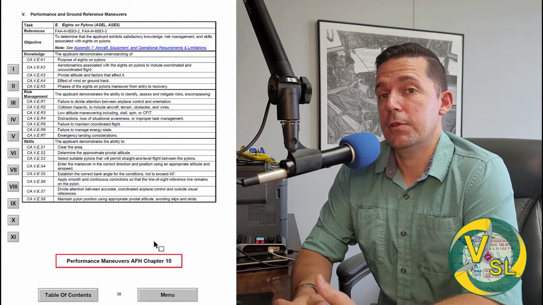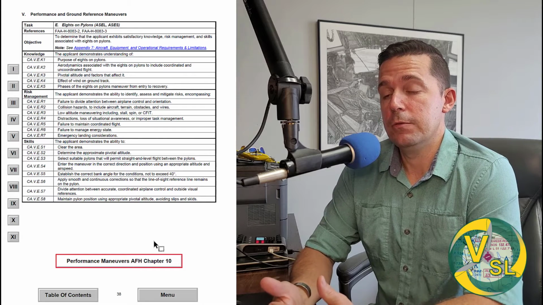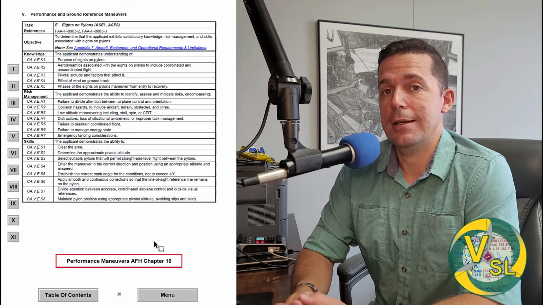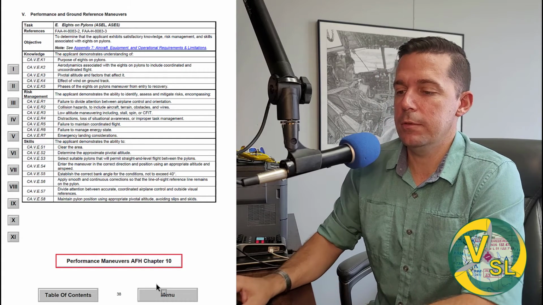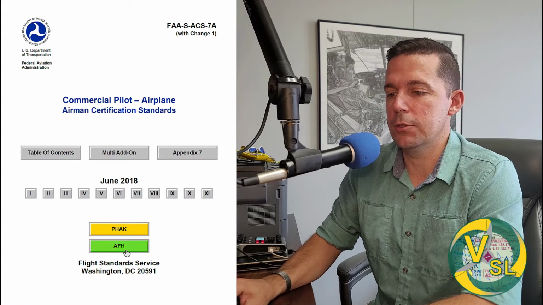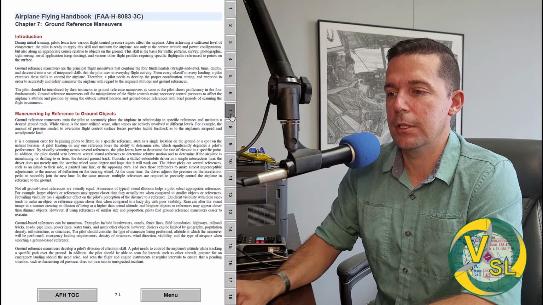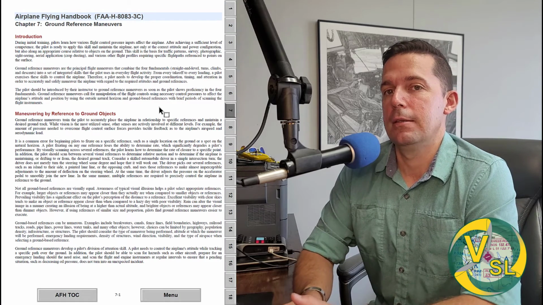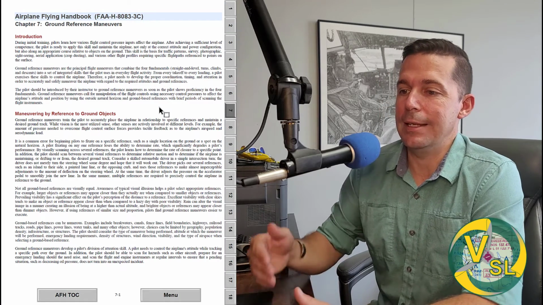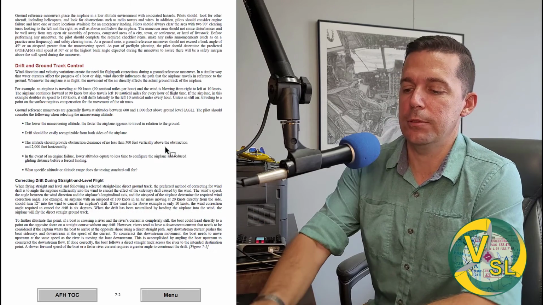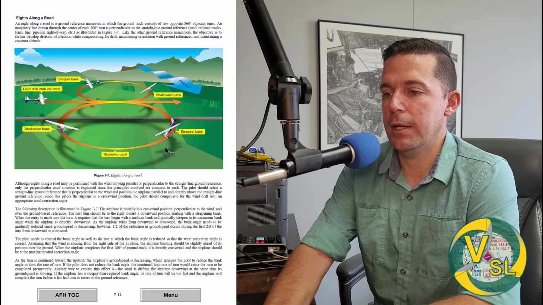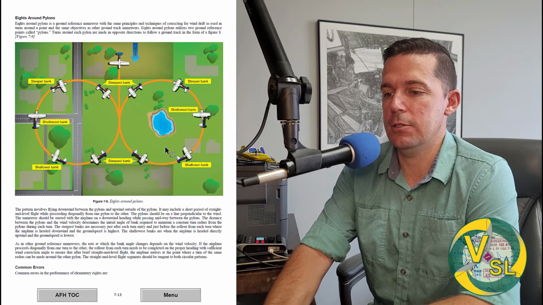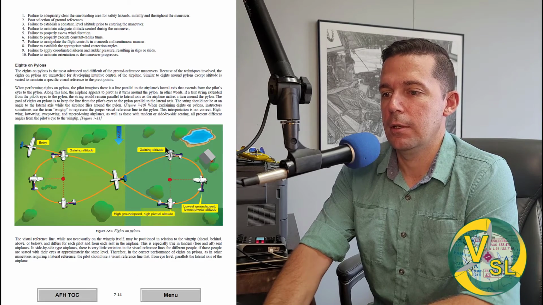So Chapter 10 covers the performance maneuvers, but 8s on pylons are actually in Chapter 7, at the end of the ground reference maneuvers. So you would have to go to your Airplane Flying Handbook, Chapter 7. That's where you'll find your ground reference maneuvers, and at the end of that, it's going to talk about your 8s on pylons, and it'll give you the calculation you should be familiar with.